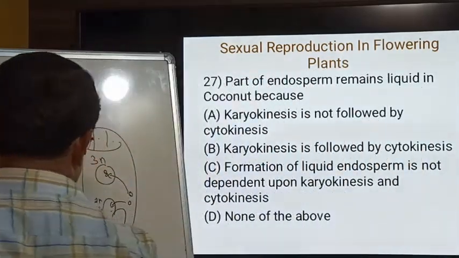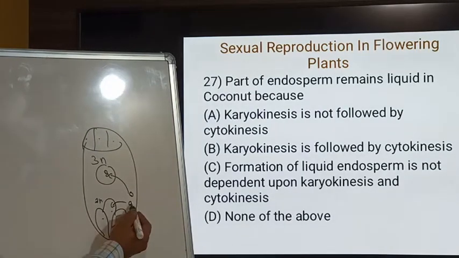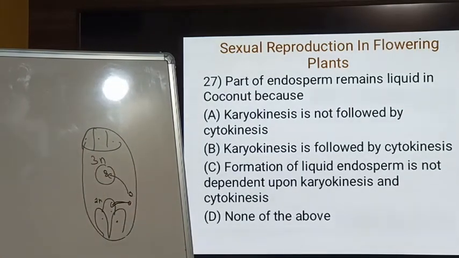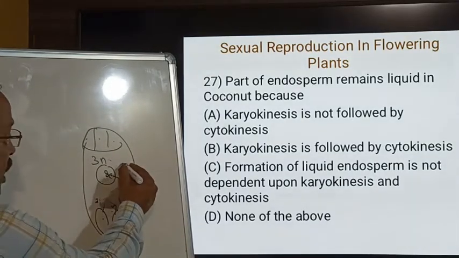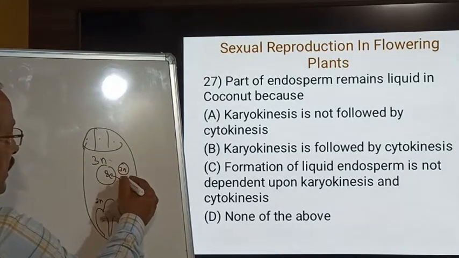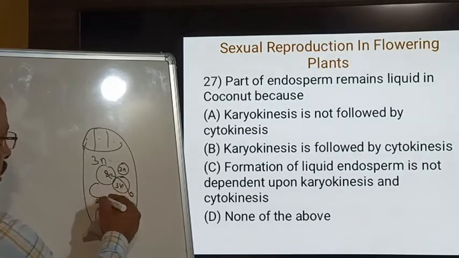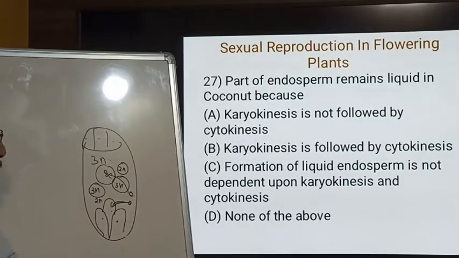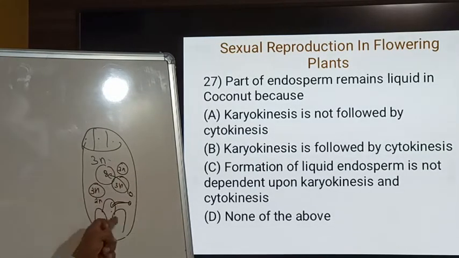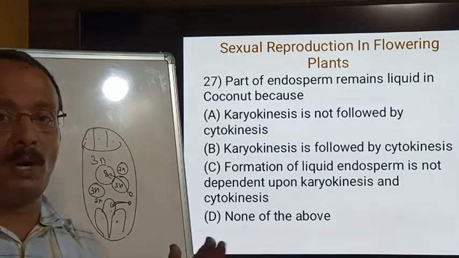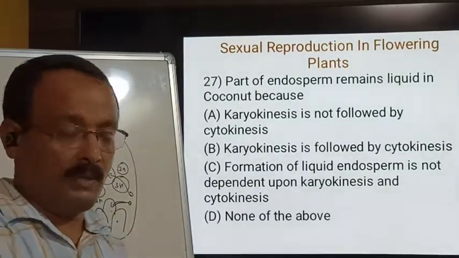So in coconut, immediately after double fertilization and triple fusion, the primary endosperm nucleus undergoes repeated mitotic division, which is free nuclear without formation of cell wall, and this is called free nuclear endosperm. That is nothing but the coconut water that we see. It's called liquid endosperm or liquid syncytium.